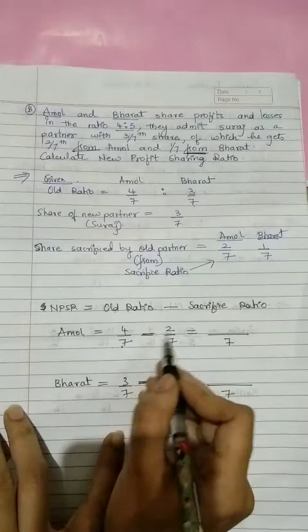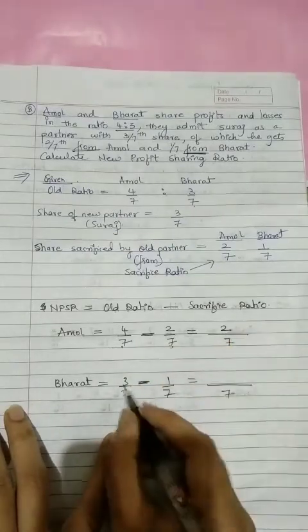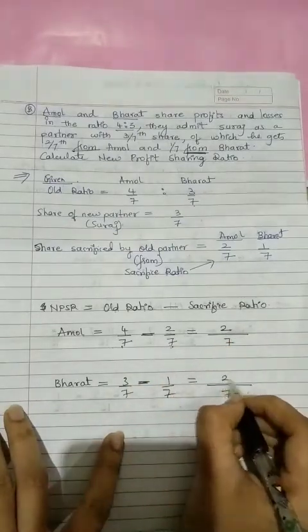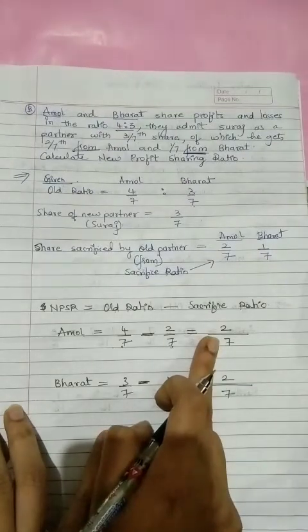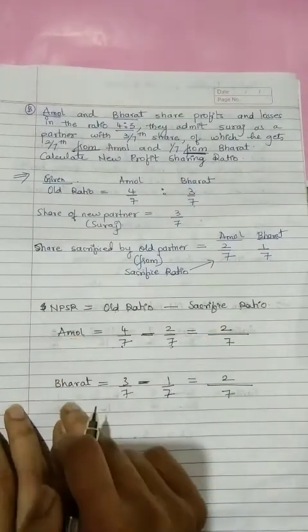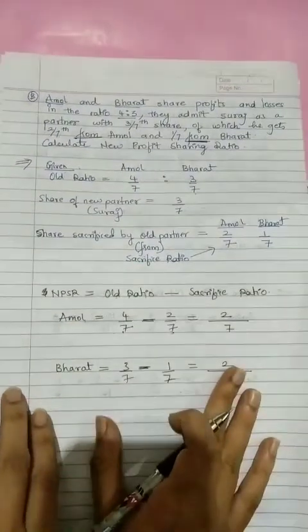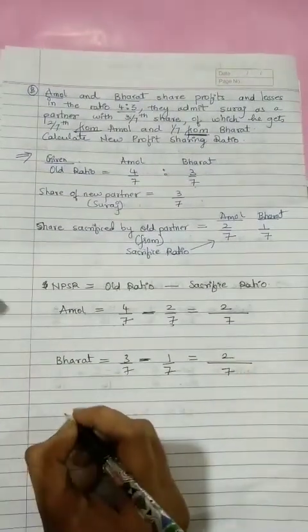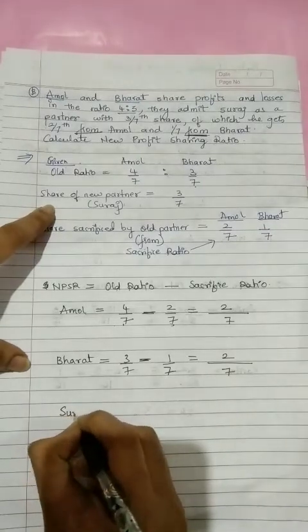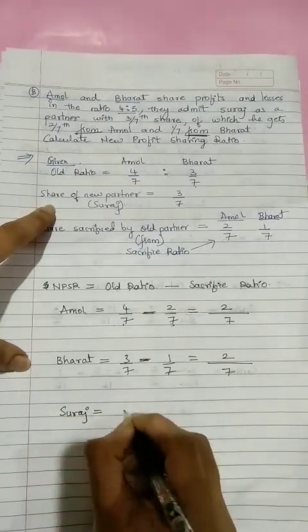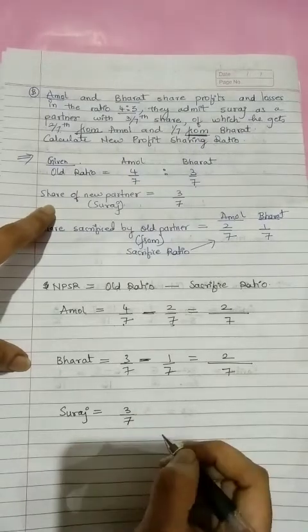Now 4 minus 2 is 2. 3 minus 1 is 2. So we got the new profit sharing ratio of the old partners, that is Amol and Bharat. Let's see for the new partner. How much is given over here? Share of a new partner, that is Suraj. It is given to us as 3 upon 7.